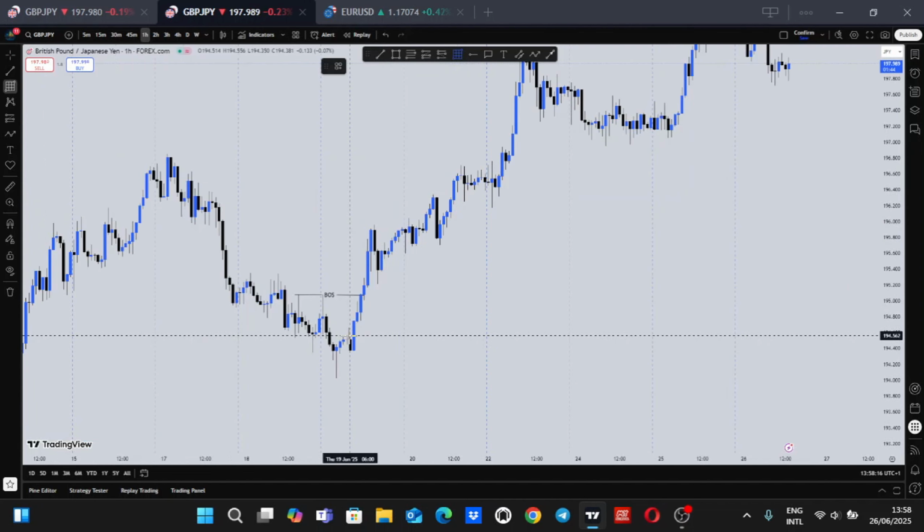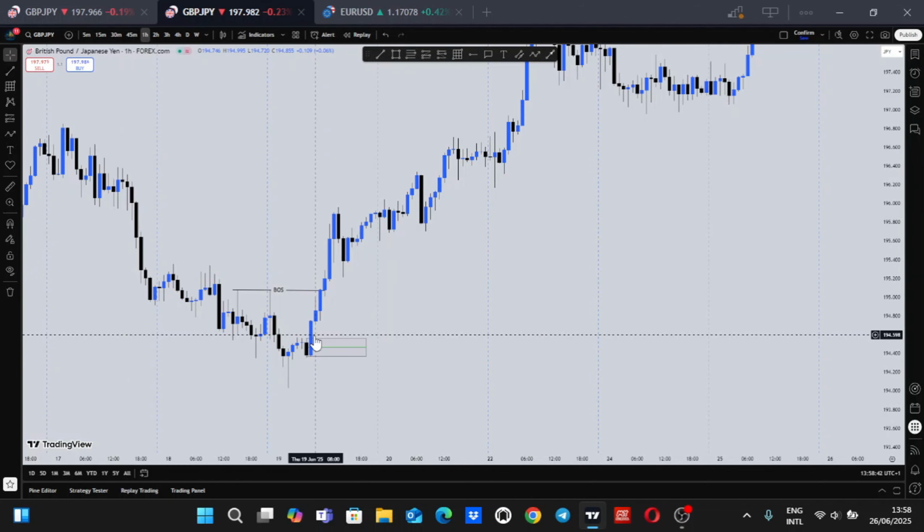Here is the origin. That's the last candle before the impulsive move upwards. Imbalances occur when there's a sudden impulsive move in the market causing a break of structure. You can see them when there's a gap between two candlesticks.